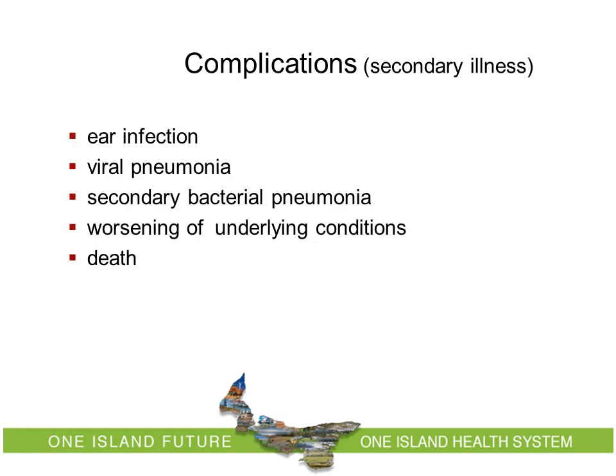Complications or secondary illness caused by influenza include ear infection, viral pneumonia, secondary bacterial pneumonia, worsening of underlying conditions, and death. Influenza illness compounds complications of disease and illness in individuals with underlying medical conditions, such as asthma, chronic obstructive pulmonary disease, and diabetes.